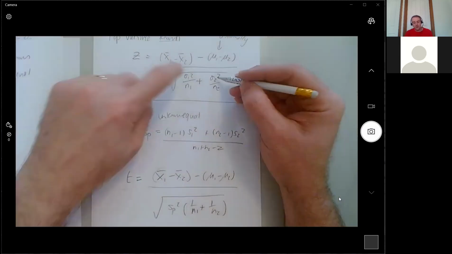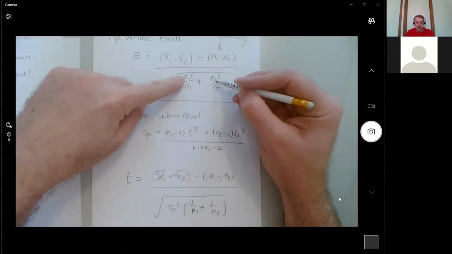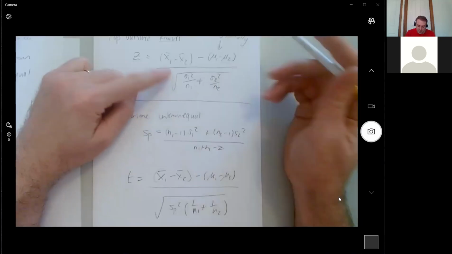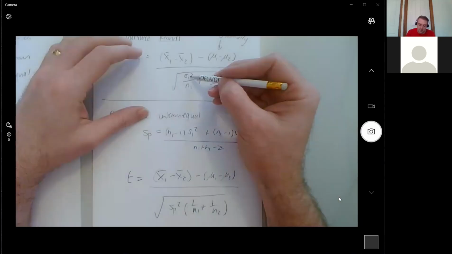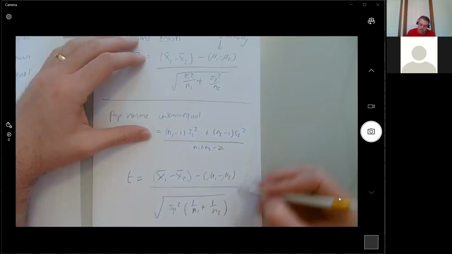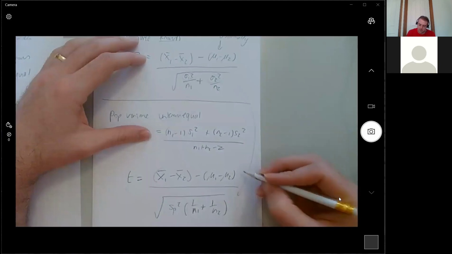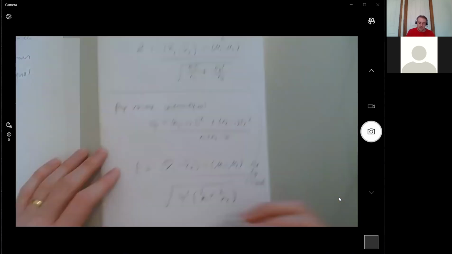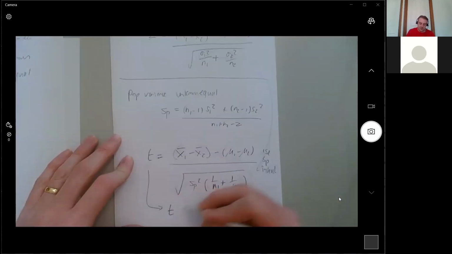So if these two were both equal to SP, then this would be the same as that. So it seems to me like it's almost exactly the same, but with this and this being SP. Okay, and then this T comes from a T distribution with N1 plus N2 minus 2 degrees of freedom.